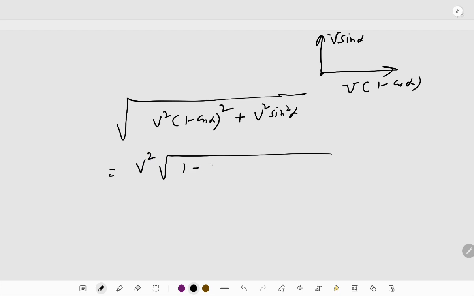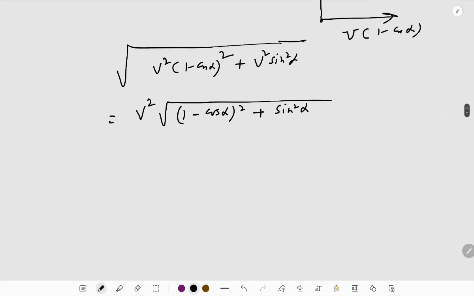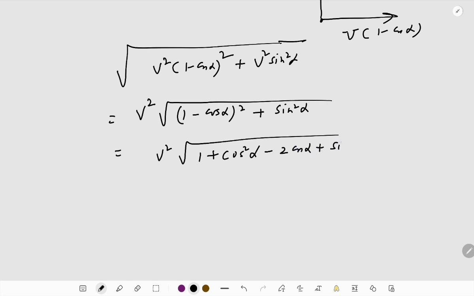V square was taken out of the square root sign, and then I can write this will be (1 minus cos alpha) square plus sin square alpha. Yeah, that's correct. And that means 1 plus cos square alpha minus 2 cos alpha plus sin square alpha, and that means it becomes 1 plus 1, 2 minus 2 cos alpha.